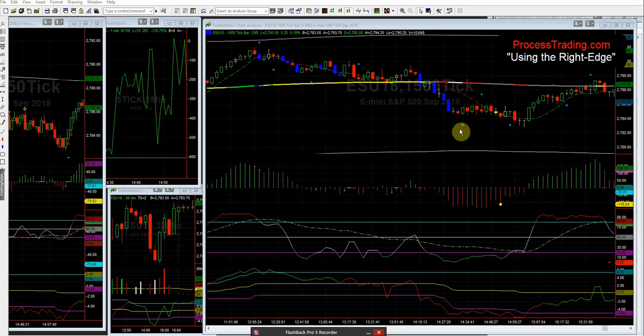Even this one had some strength. That's these green bars right here, and this green bar is what took us out of our discretionary trade that we took as a contrarian trade. It got us out right here. So now we have a timing alert dot below the bars, and that's going to give us another pause from letting our order get filled here. But let's continue and see if there's anything else.